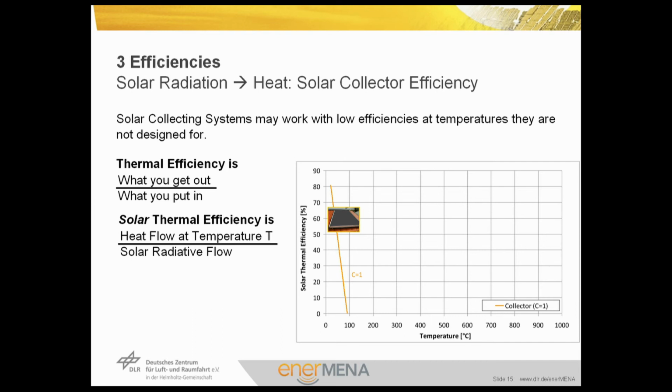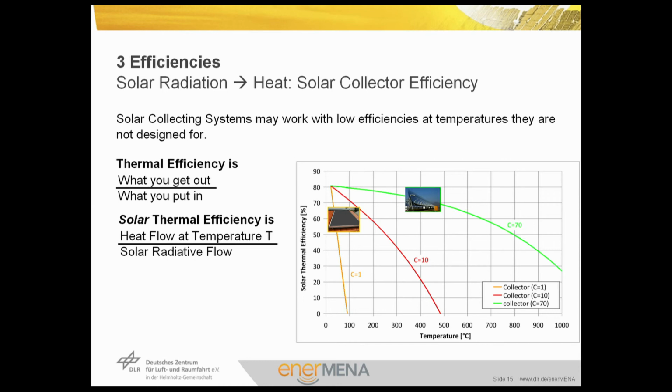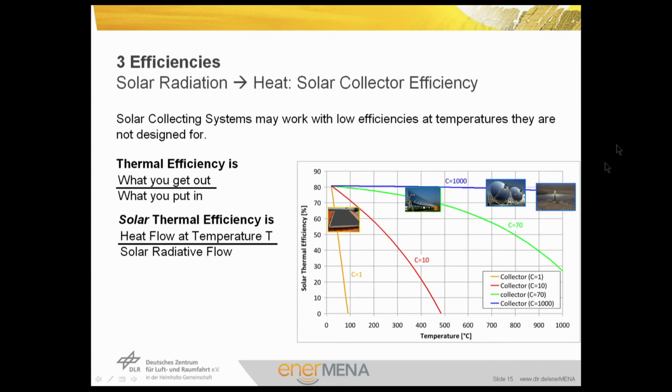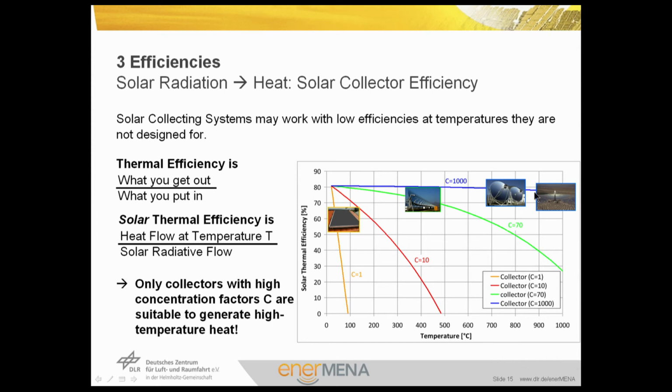If we now get to higher concentrations, like 10 or even 70, like the Parabolic Trough, we see that we can reach temperatures of about 400 to 500 degrees C with still high solar thermal efficiencies. And if we get to the solar tower or the dish technology, we even get higher temperatures with high solar thermal efficiency.